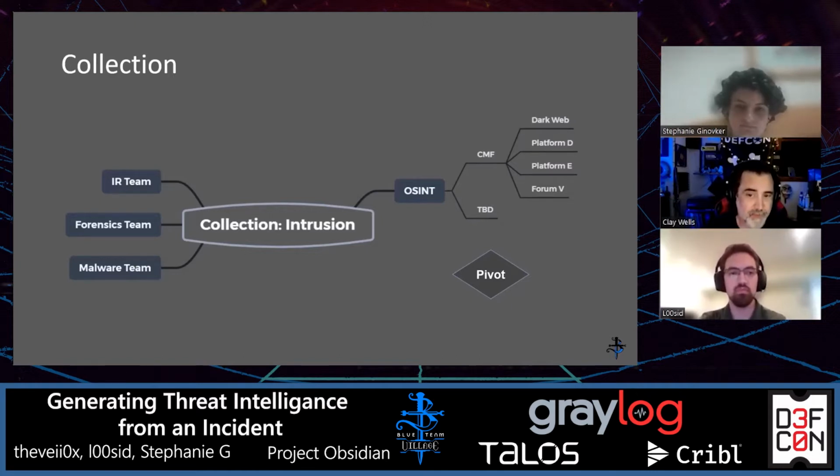When we're pivoting, when we're using open source intelligence, we might not know what data source we're going to run across that might be useful. For example, it could be an article or an in-depth malware analysis report that we find useful.